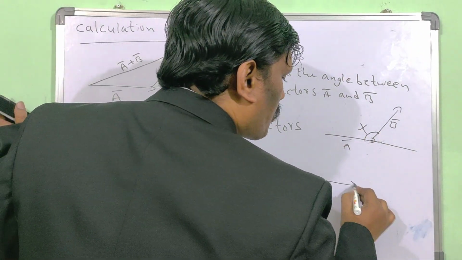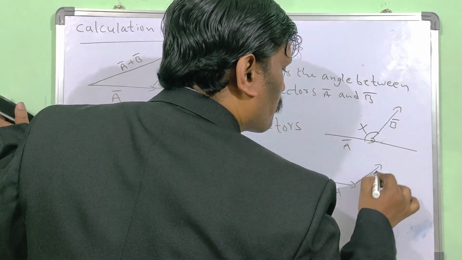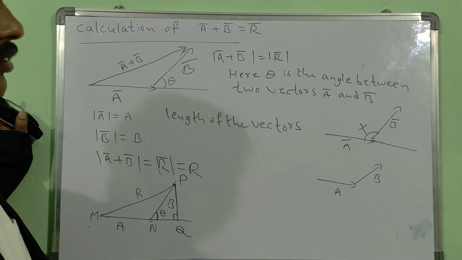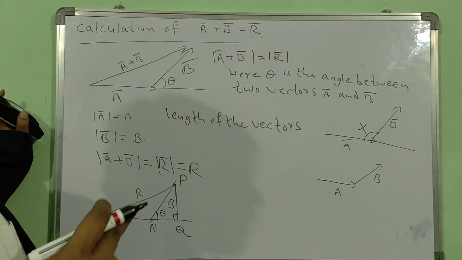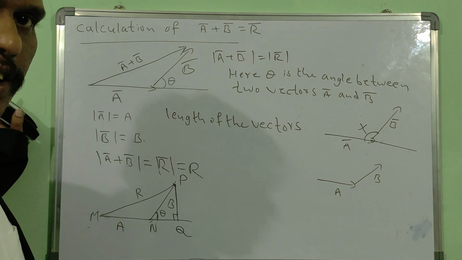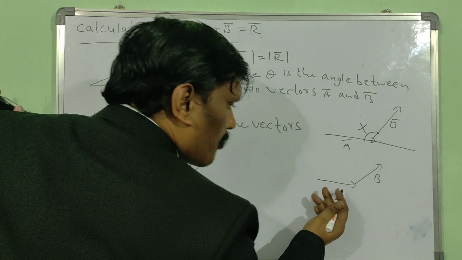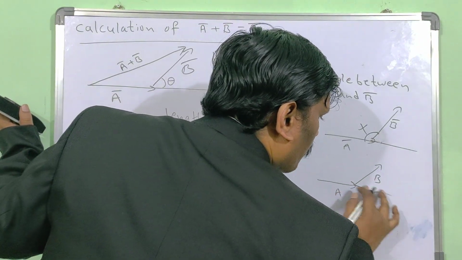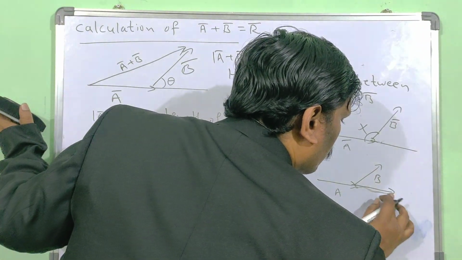At that time, what do I need to do? Observe here: parallel sliding. If I do the parallel sliding of one vector, its value does not change. That concept I also explained in the previous video. So if I do the parallel sliding from here to here, this is the parallel sliding.